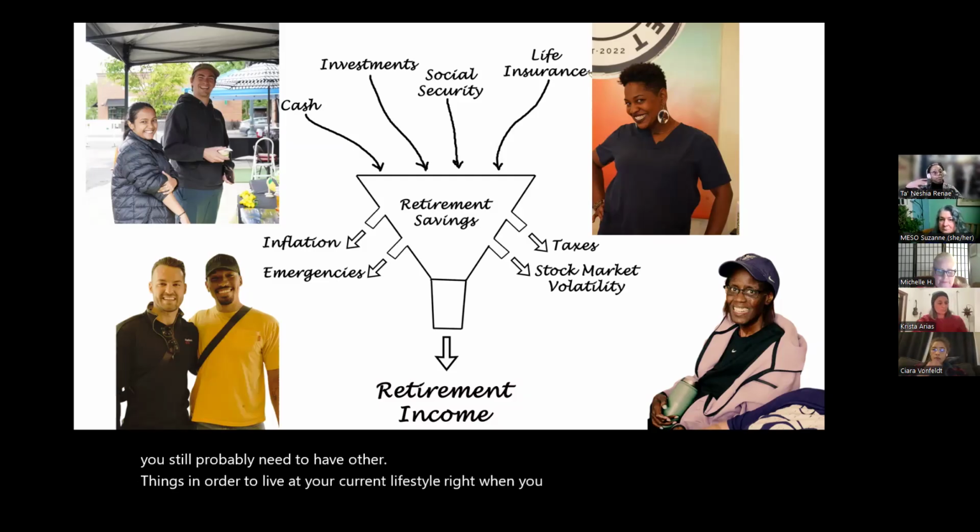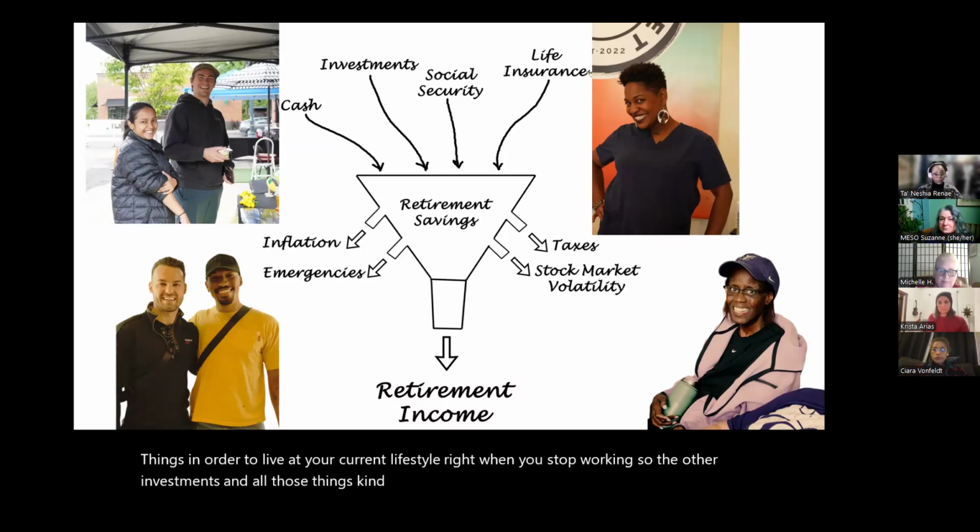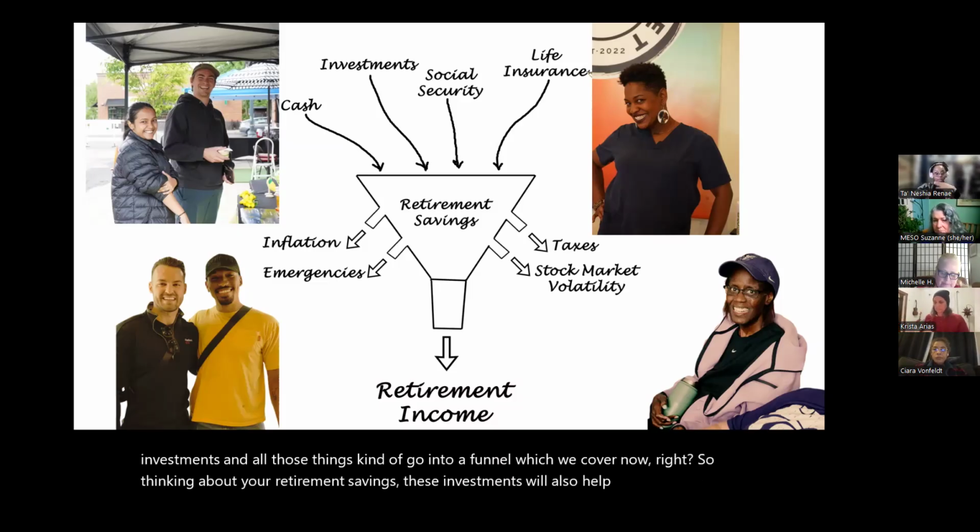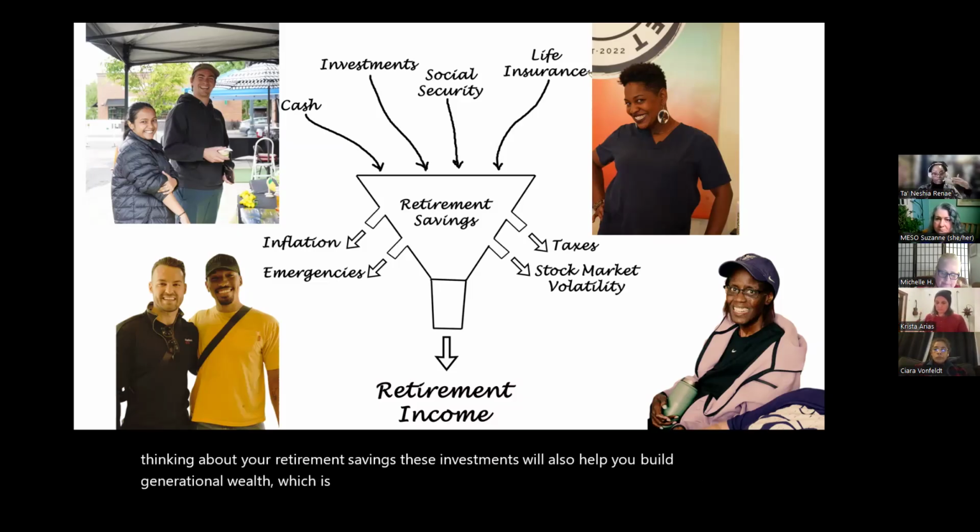So the other investments kind of go into a funnel, which we cover now, right? Thinking about your retirement savings, these investments will also help you build generational wealth, also called intergenerational wealth transfer, which is a goal that I'm assuming we all want to have.